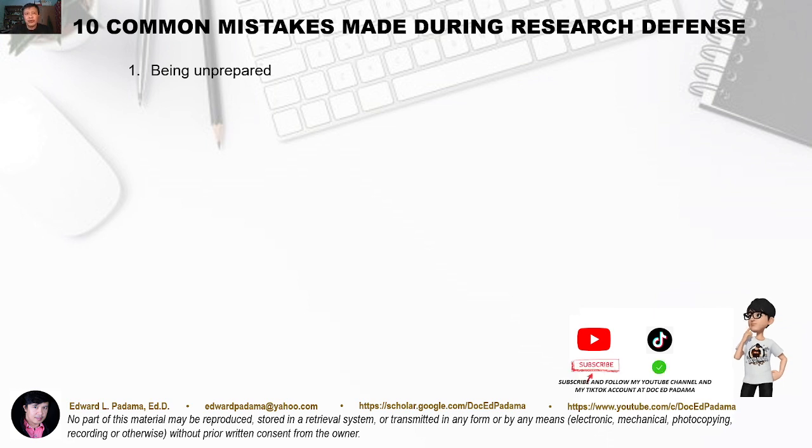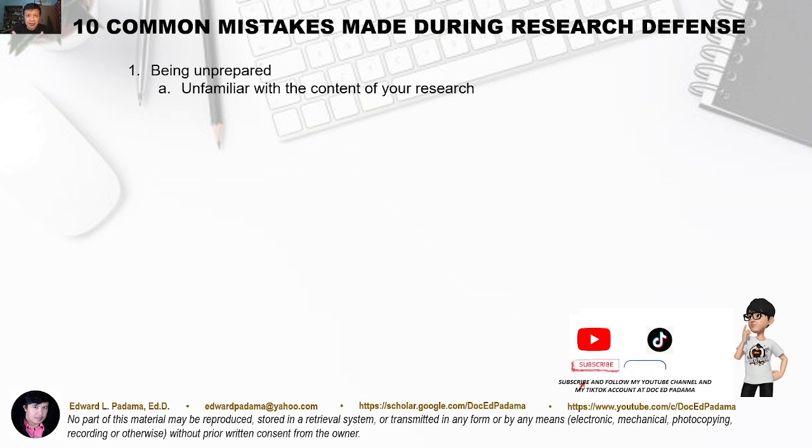So how do you prepare? Specifically, I have divided this into three areas. Being unprepared in terms of being unfamiliar with the content of your research. Your manuscript is the center of your research defense. The reason why you are there is because the panel would like to assess and evaluate your knowledge of your manuscript.